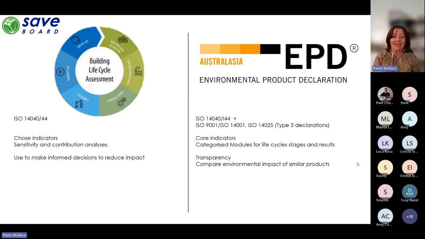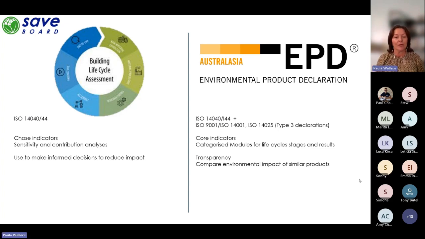The results are categorized into modules of life cycle stages, and this provides the ability to really easily compare the environmental impact of products that are fit for the same purpose on an apples for apples basis.